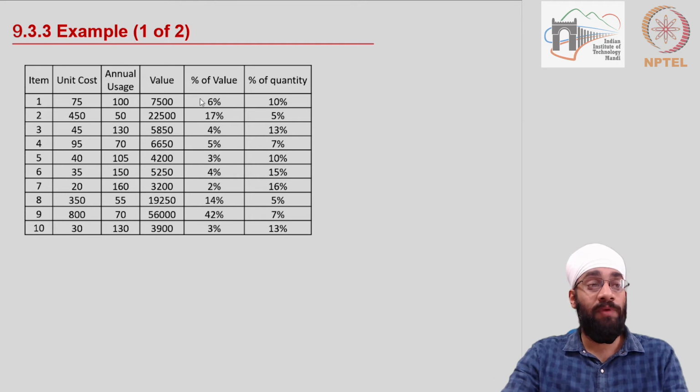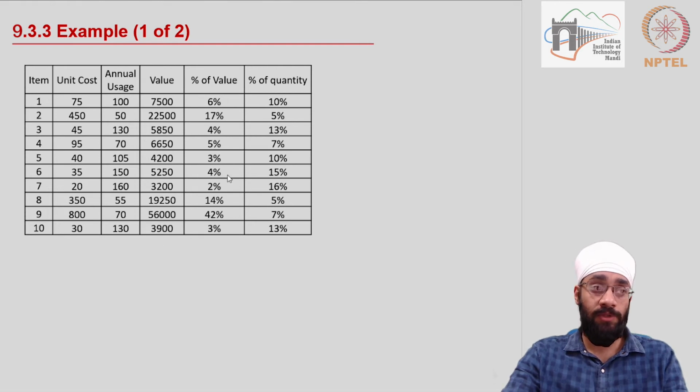Now how do we calculate this? It is as follows. We have the value of item 1, divide this by the value of all the items taken together, which means total money invested in the stock in a given time period, which is 1 year here, because this is annual usage. So 7500 divided by the total of this column here, multiplied by 100.